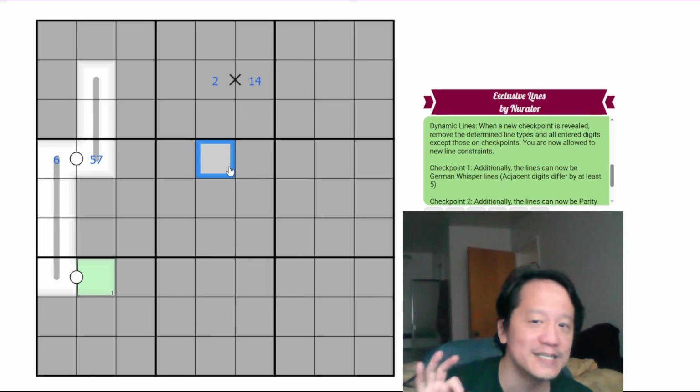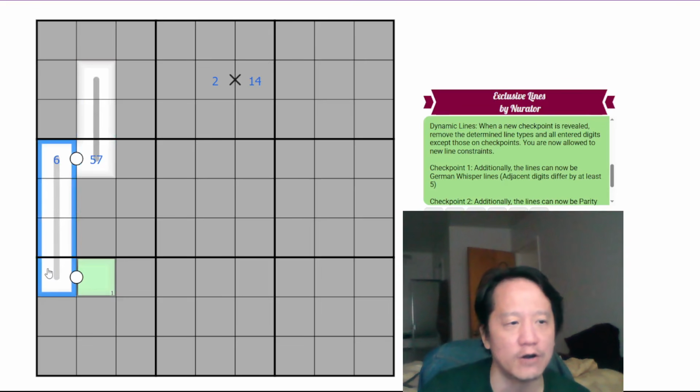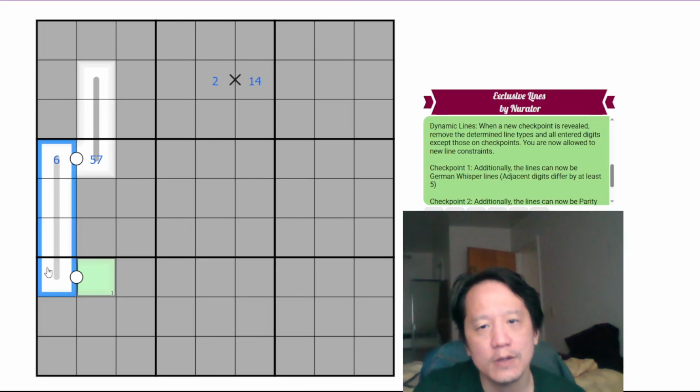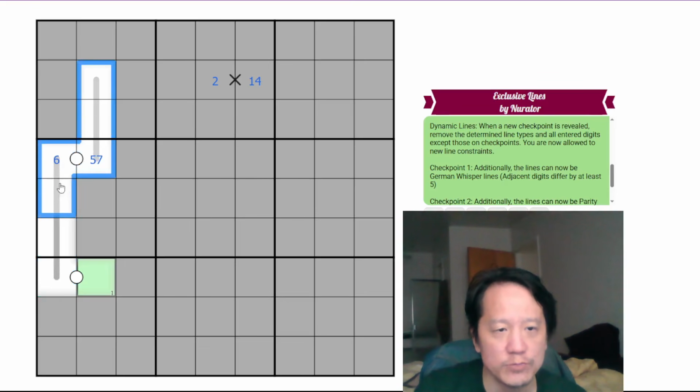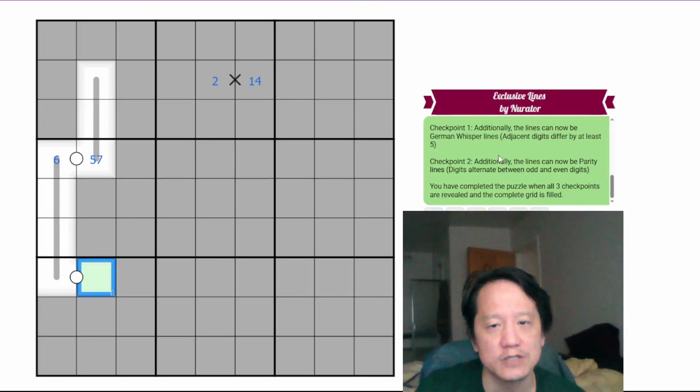And when we see that new checkpoint, these lines are no longer necessarily following the rule that we had, and we need to remove all digits except for the digits in checkpoints. And we are allowed to use the new line constraints.